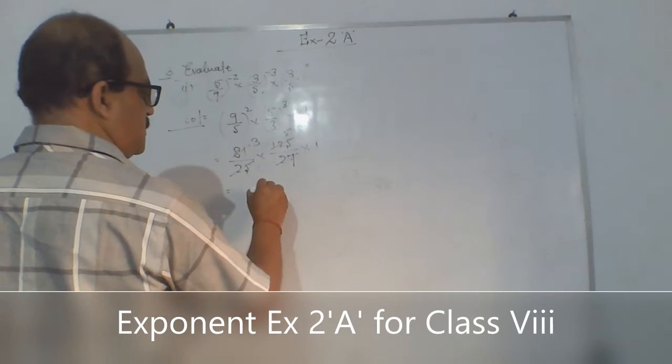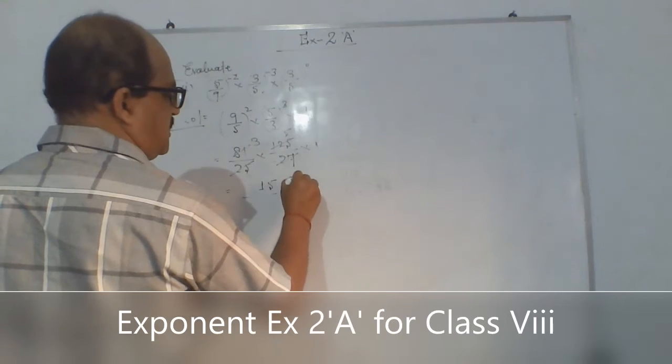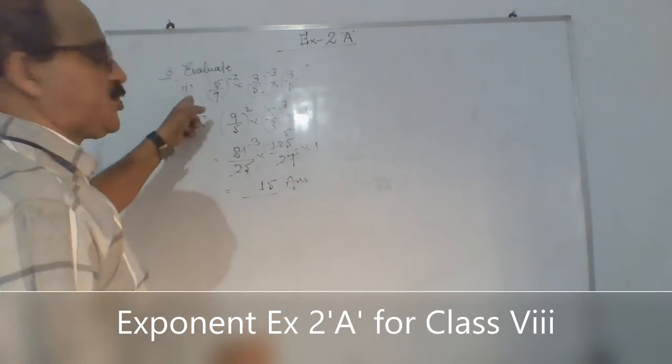So 3 5s are 15, and 15 is the answer of this question.